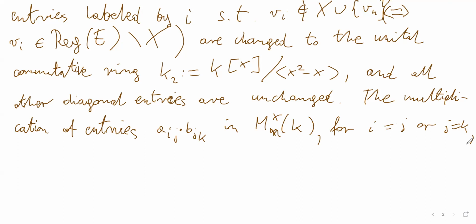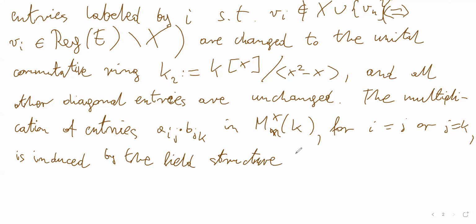It might be either in the field, in which case we know what to do, or it might be in this commutative ring, in which case I have to tell you what to do. So this is induced in the natural way by the field structure of K. In other words, I'm doing nothing, I'm just multiplying the field, if this I or J happen to be an index at which we do not do the modification.